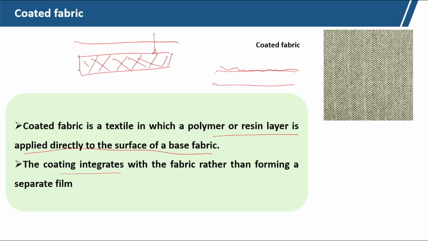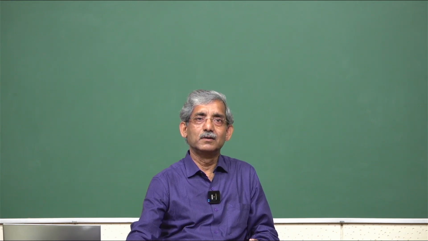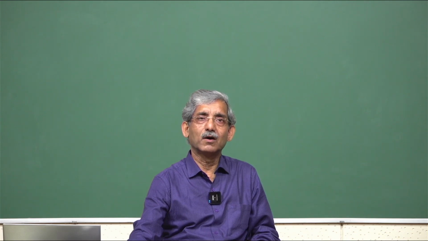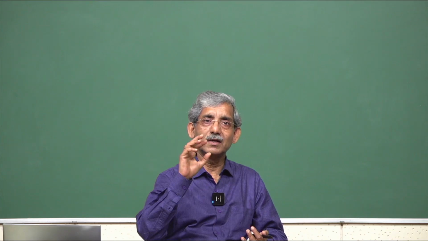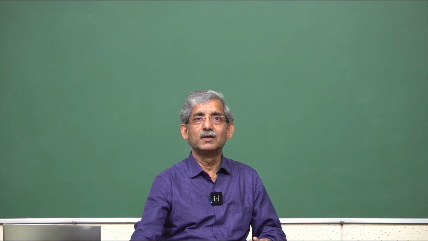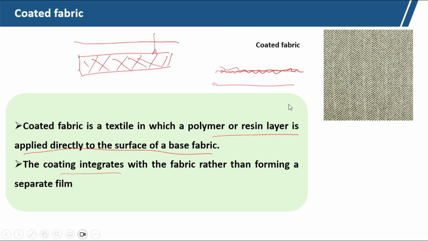So, it does not form a separate film, it becomes a part of the fabric structure. Unlike the laminated fabric, where the laminate can be taken out or delamination may take place, here the coating is an integrated part of the fabric structure.